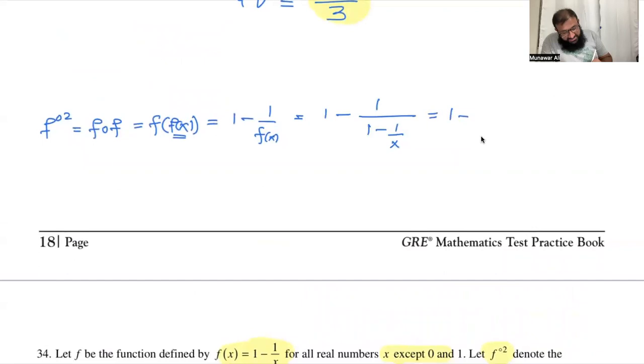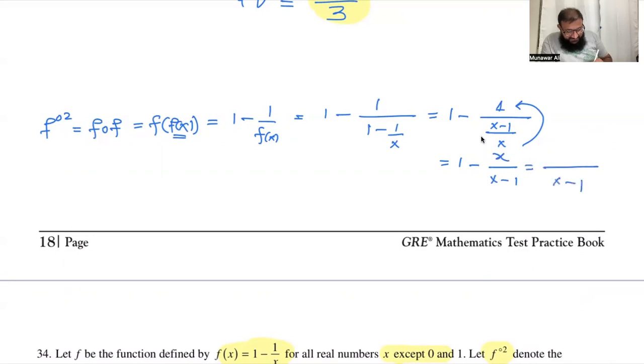So 1 minus, the LCM is x, and this becomes x minus 1. I can take this x in the numerator. So this becomes 1 minus 1 upon x minus 1, not 1, this is x.